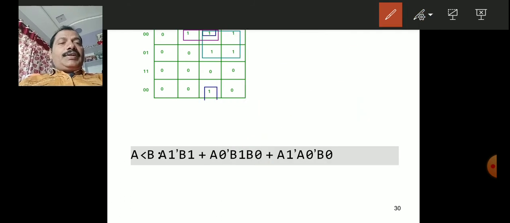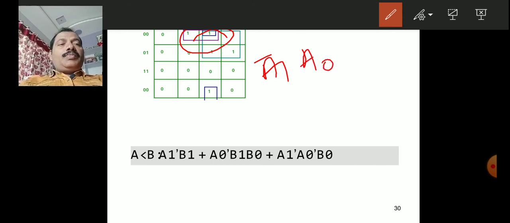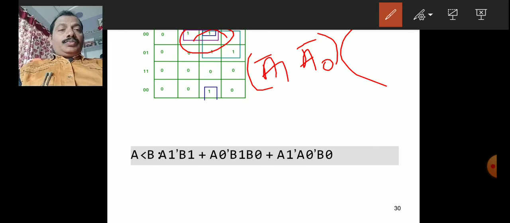Let us consider the last pair. So this is the last pair, only single row and two columns. Single row is 0 0, means A1 bar A0 bar, and in the next, it is occupying two columns, so we have to write the two columns expression.